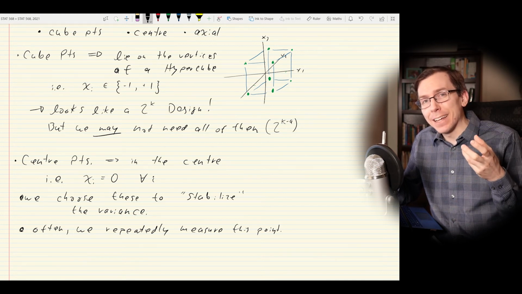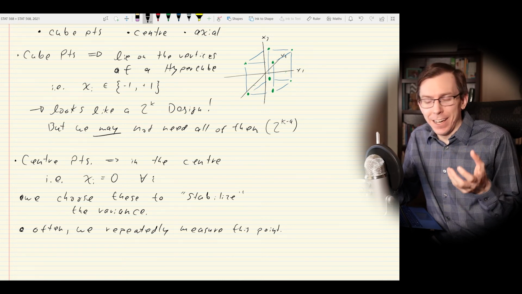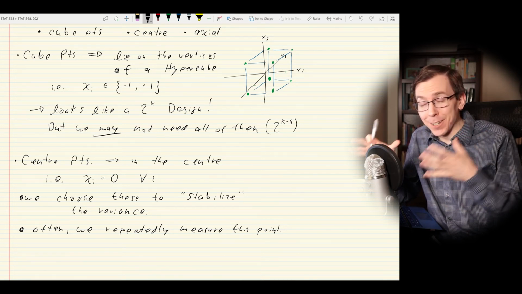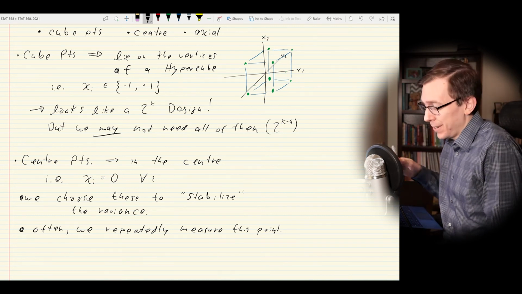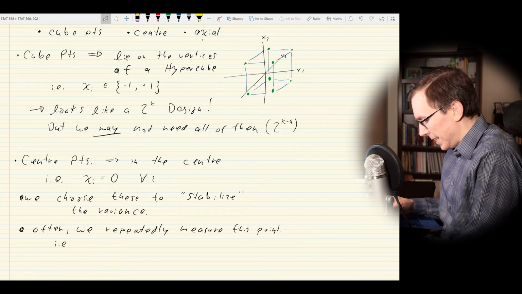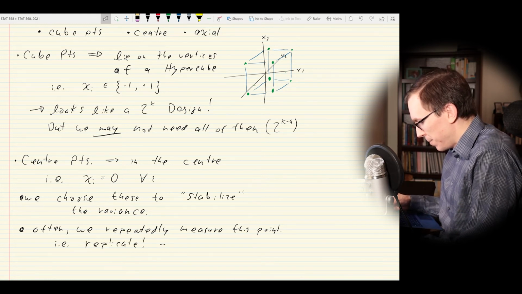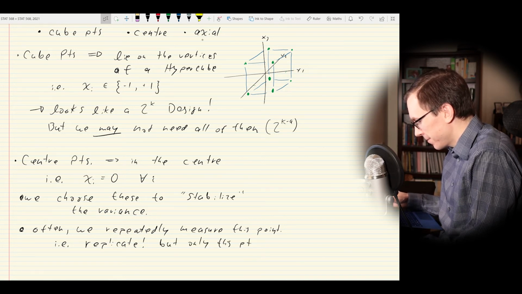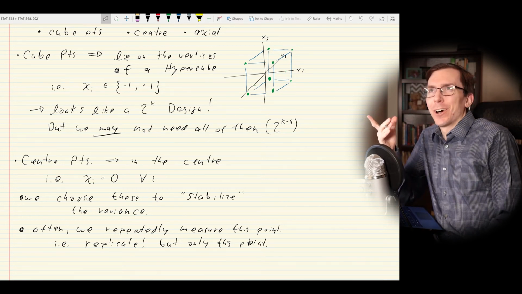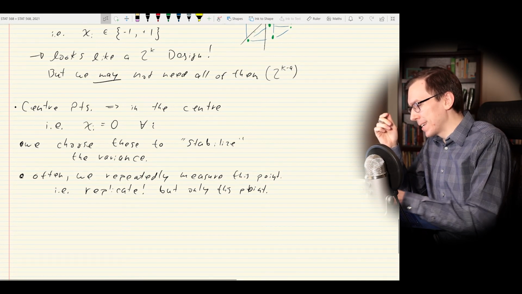And by doing that, we're going to get a good way to estimate the variance of the underlying process that we're trying to fit our model to. I.e., replicate, but only this point. Which is kind of funny. We are replicating, but we're only replicating a specific point in our model, and that's the center point.